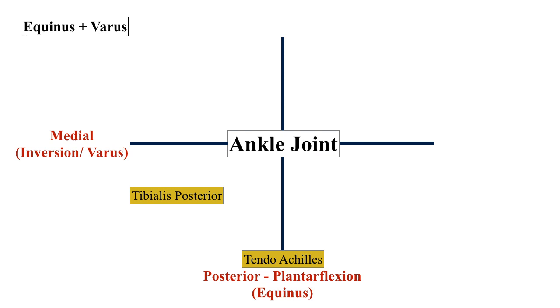So the answer is, in equinovarus, which is seen in clubfoot, it is the tibialis posterior and the tendo Achilles which are contracted, and during surgery these two muscles have to be lengthened.